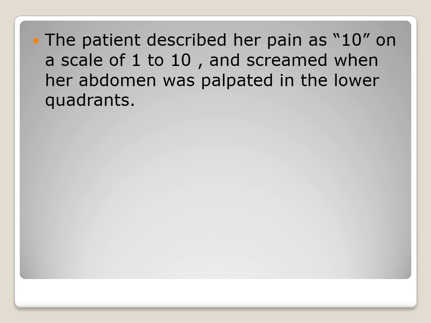Instead, he gives factual evidence of what he heard. He heard her scream. He heard her say something. Notice that the writer doesn't say her pain is a 10, but instead says that this is what the patient described. The writer is being objective. Also notice the details. Where her abdomen was palpated is important.